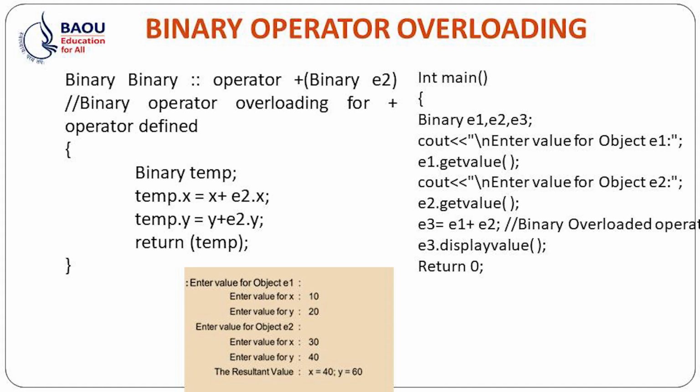So in int main I have simply made three objects, e1, e2 and e3. First I get the values from the user, that is e1.getValue and e2.getValue, and in e3 I am doing the addition of two objects, that is e1 plus e2, and I am simply displaying the value of e3.